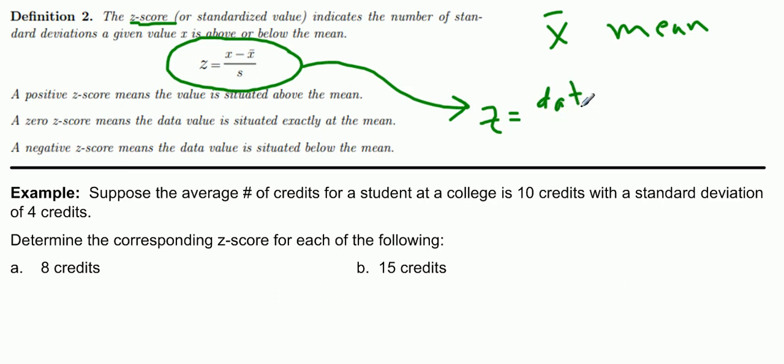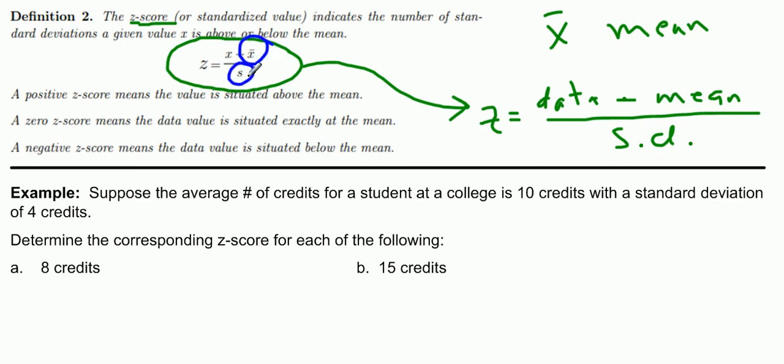So the x is the value in question that you're trying to find the position of, minus the mean over the standard deviation. So the x bar symbol that you see over here represents the mean. The s you see over here represents the standard deviation. The x is actually the value in question that you're trying to find the position of.